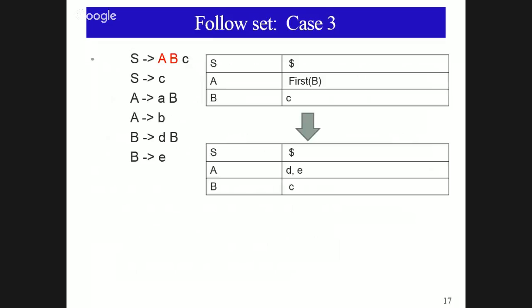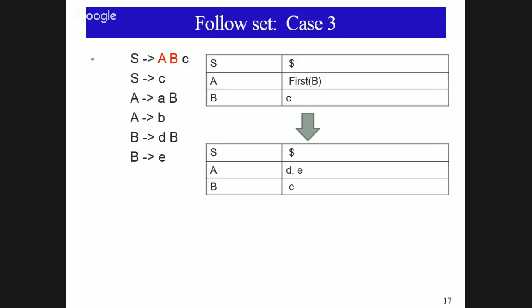And it turns out, even though lambdas are kind of a pain, if your entire grammar does not have a single lambda in it at all, you don't need the follow set at all. This one, we went through the exercise of computing the follow set, but you don't need it. There are no lambdas.